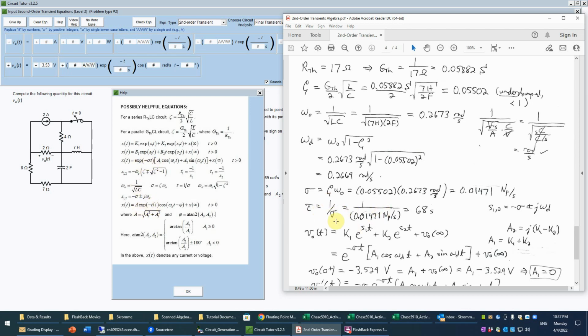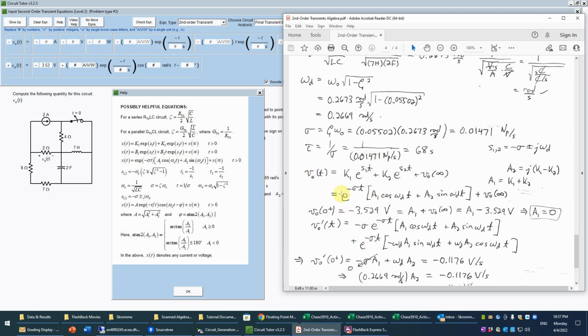So tau is the reciprocal of sigma, and that's 1 over the 0.01471 nepers per second, which works out to almost exactly 68 seconds. And our complex frequencies, we don't have to actually enter those here, but it's negative sigma plus or minus j times omega d. Now, again, the original form of V naught of t would be this form that applies in everything except critically damped cases.